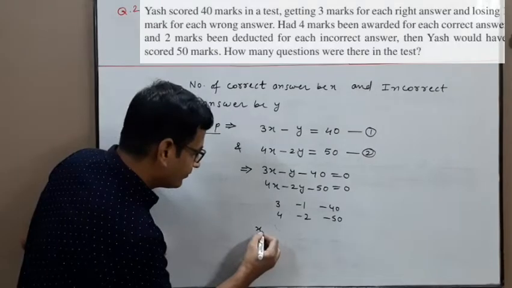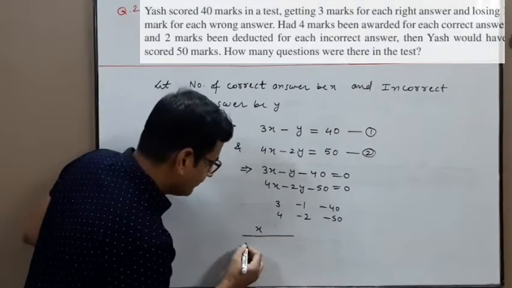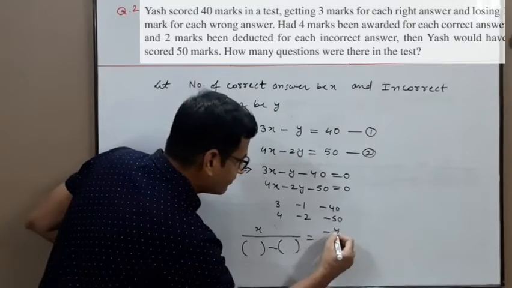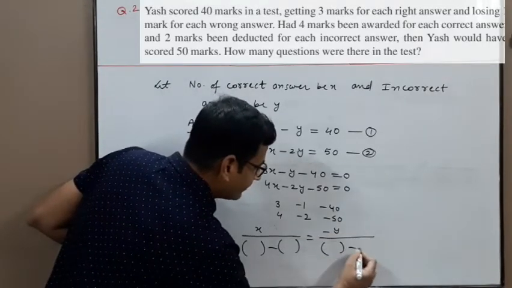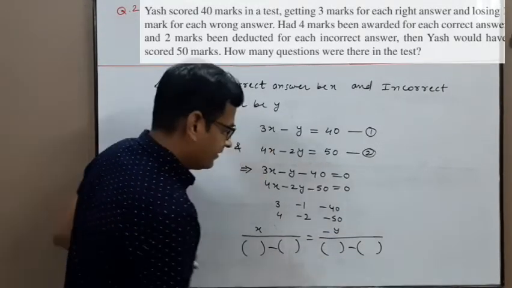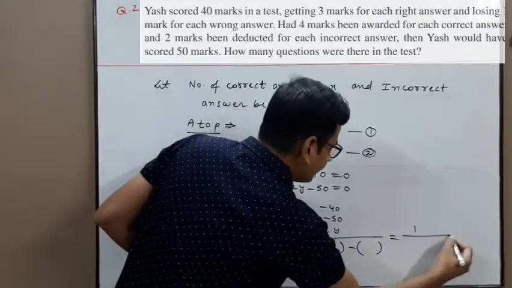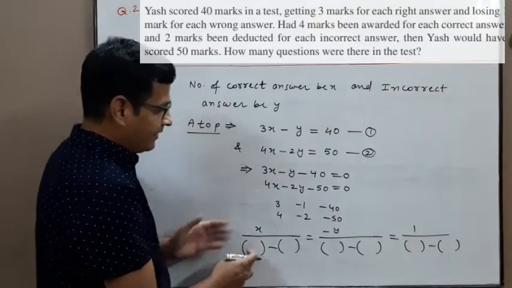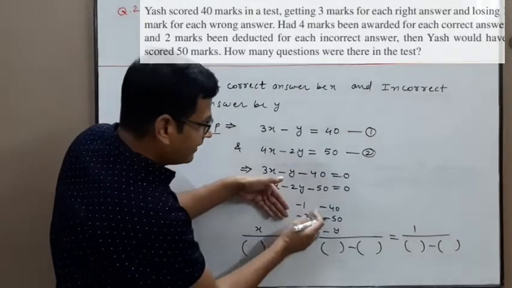Now x upon first bracket minus second bracket, minus y upon first bracket minus second bracket, and 1 upon first bracket minus second bracket. In the first bracket, write the coefficients and cross multiply.